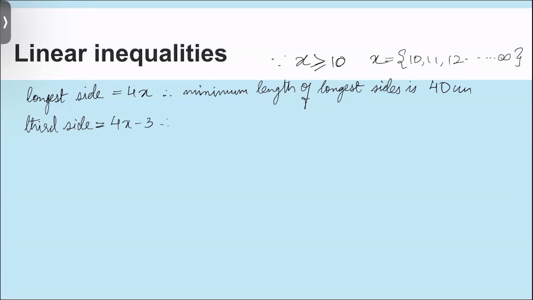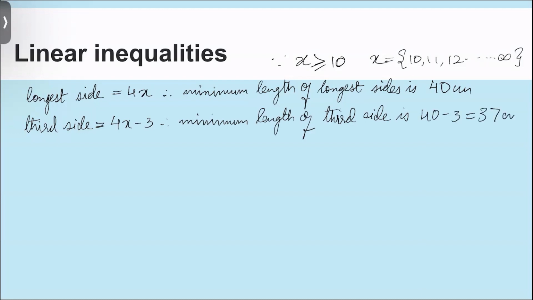Therefore the minimum length of the third side is 40 minus 3, that is 37 centimeters. So this is what we get. These are all the minimum lengths.